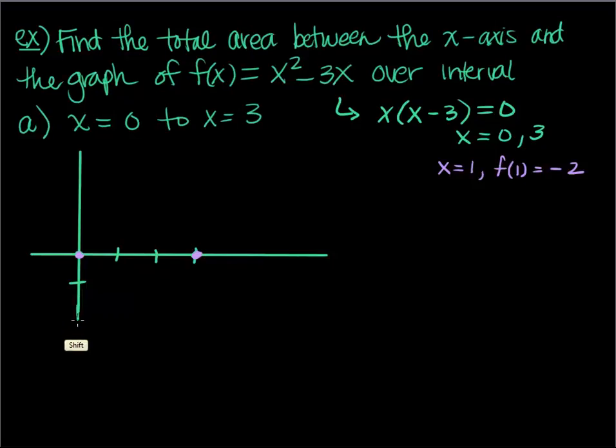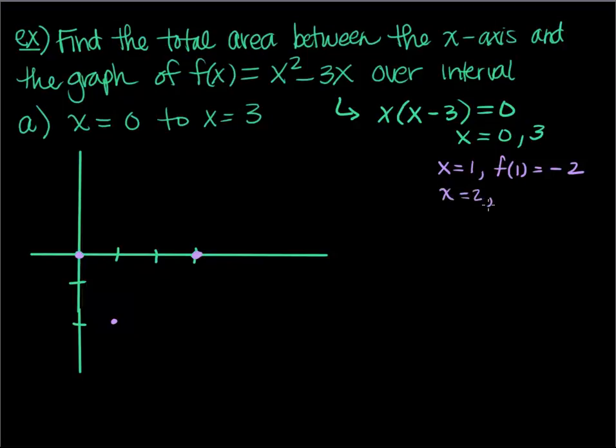Let's extend that down a little bit. So when x is 1, we're at negative 2. I think when you put in 2, we're also going to be at negative 2, since the parabola has that symmetry.